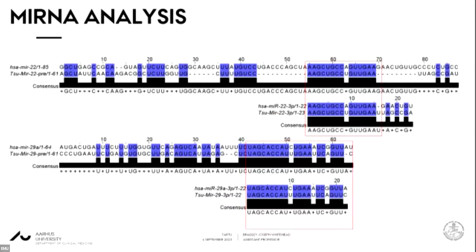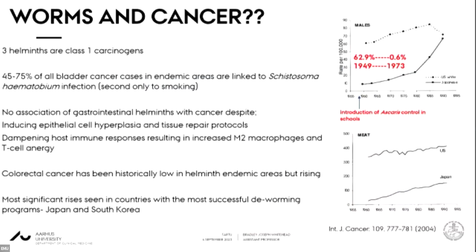So these showed significant homology to two human microRNAs, so MIR22 3P that was mentioned earlier on, and MIR29A 3P also. And we can see in the all-important seed region, it's heavily conserved between the worm microRNAs and that of the humans. These two microRNAs are known to be downregulated in colon cancer.